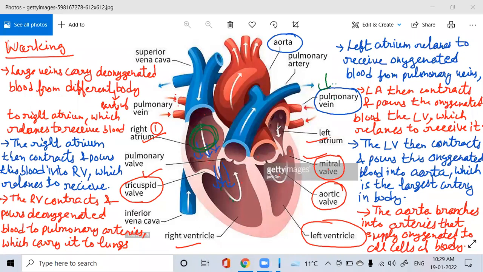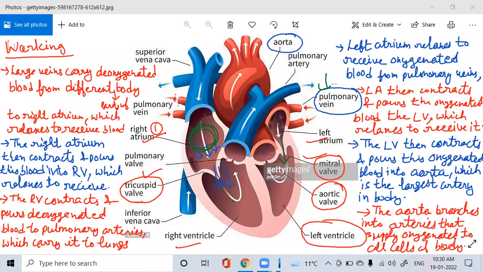Now, the same thing happens. The left atrium will start relaxing when it receives the blood. After receiving, it will start contracting, and then it will send that oxygenated blood to the left ventricle, right? In the same way, the left ventricle will also relax when it collects the blood. Then it will start contracting.